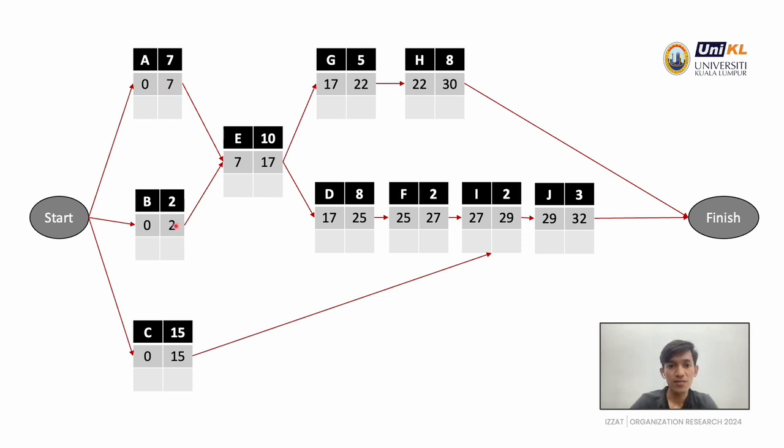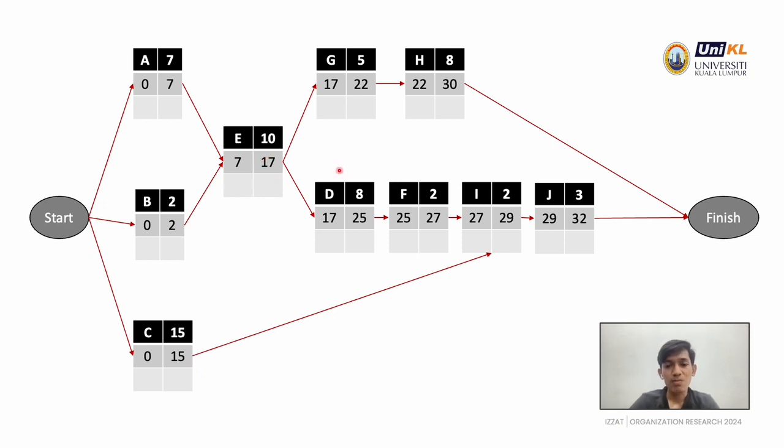In this case, that is 7, so the earliest start for activity E is 7. To calculate the earliest finish, same as before, 7 plus 10, which is 17.